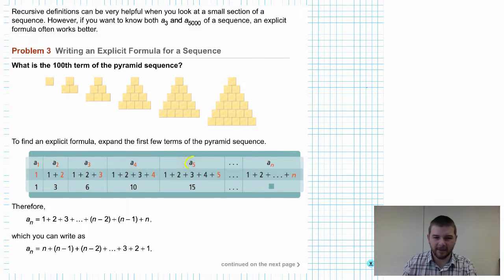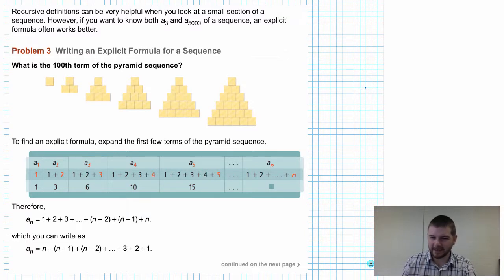A sub 5, you can see here, the pattern continues all the way through a sub n. And here's where we take a bit of a stretch from very concrete values to a more arbitrary concept. So some term, some nth term in our sequence, we'll call it a sub n.